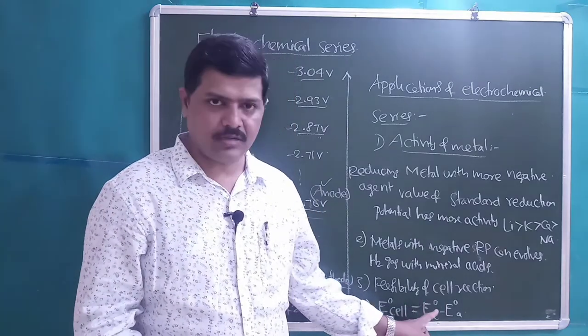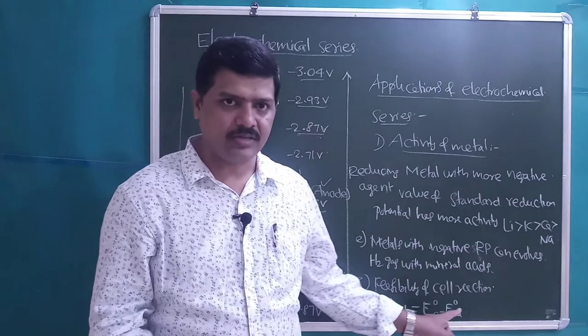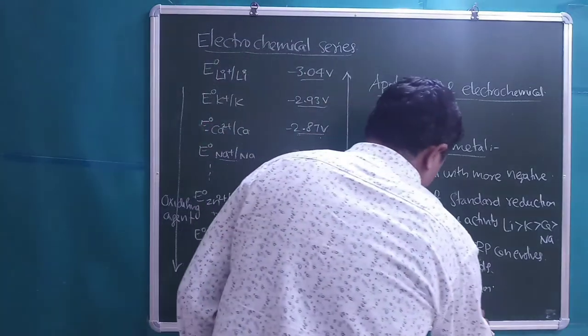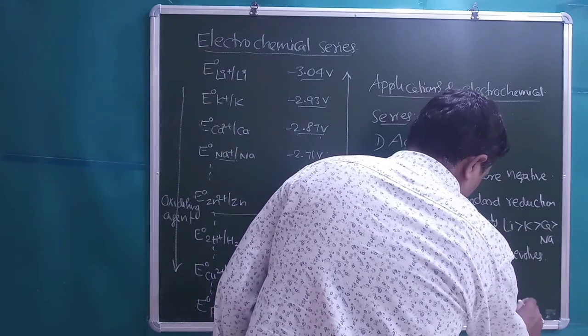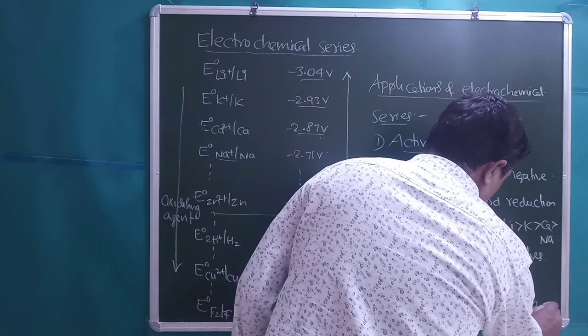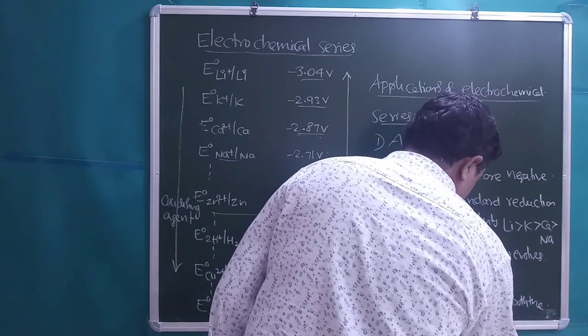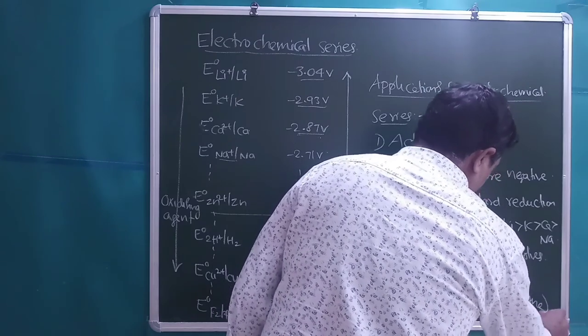Then we can use this formula to calculate the EMF of the cell. E naught cell is equal to E naught cathode minus E naught anode, provided both electrode potentials are standard reduction potentials.